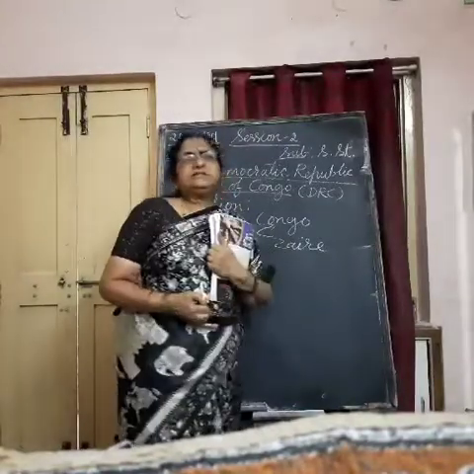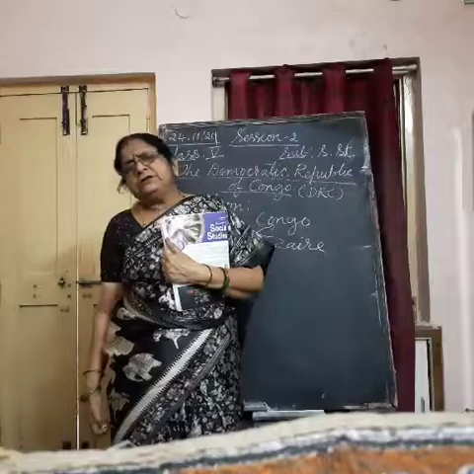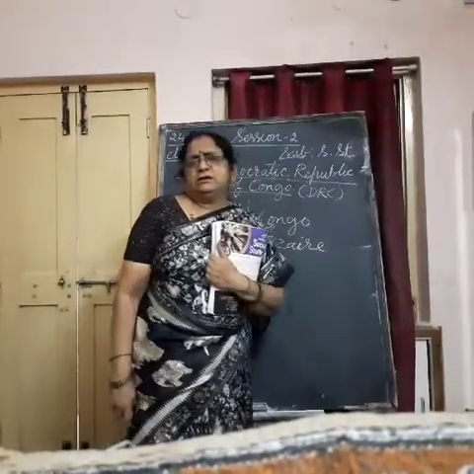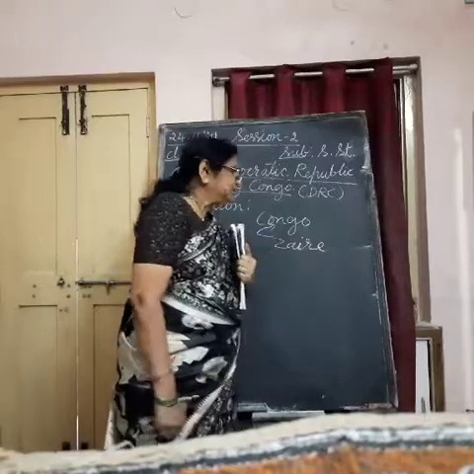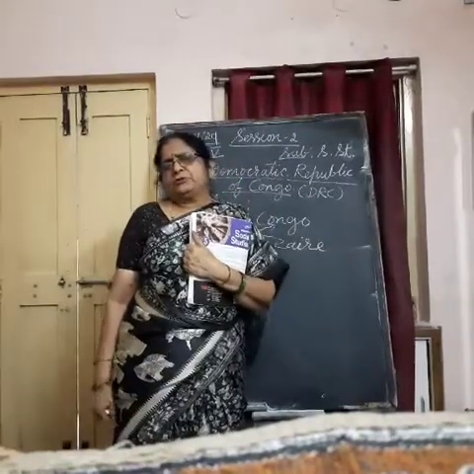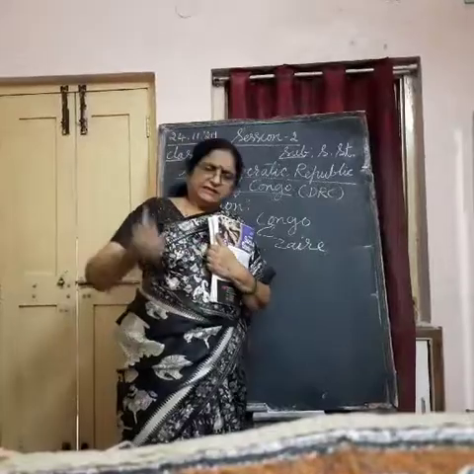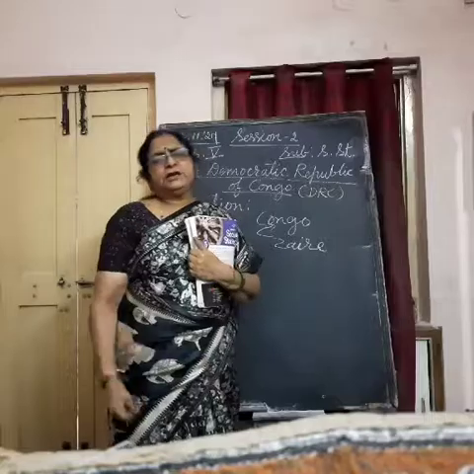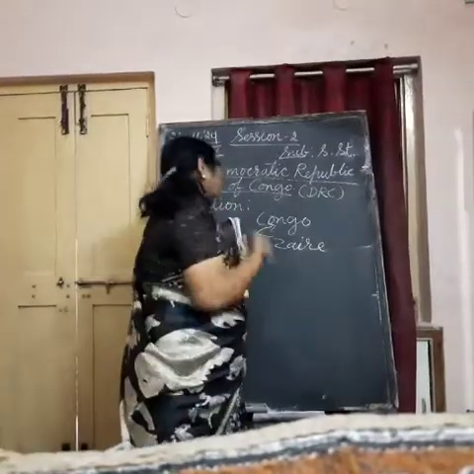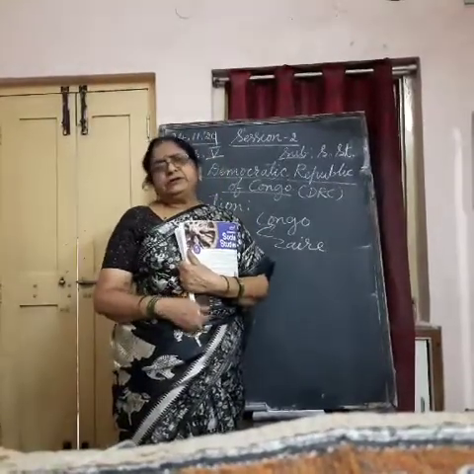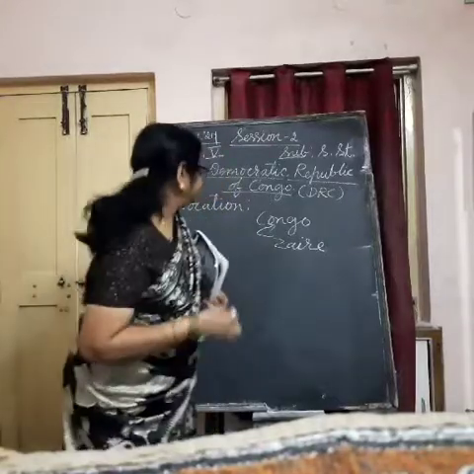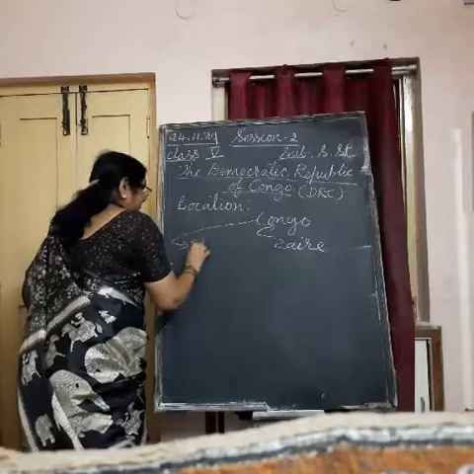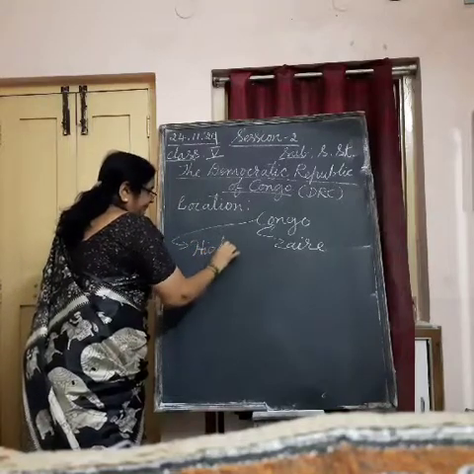Because this land being wet all the year, they cannot lay any roads or anything. That's why this river is used for boating, I mean for sailing from one place to another. Most of the villages are located on the banks of Congo River. That's why it is known as the highway of Central Africa.